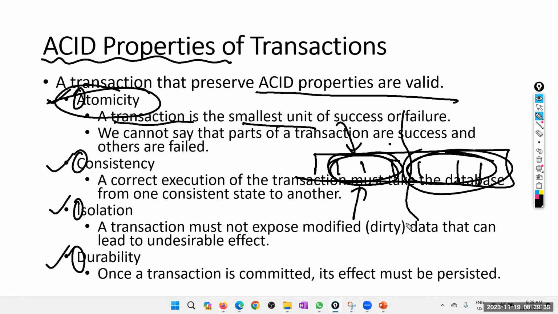The second property is consistency. If your database is consistent business-rules-wise before a particular transaction, then at the end of the transaction also, the data of your database must be in a business-rules-wise consistent state. That means no violation of business rules.